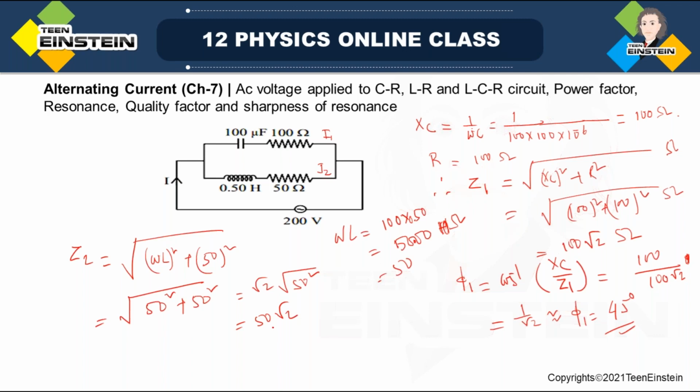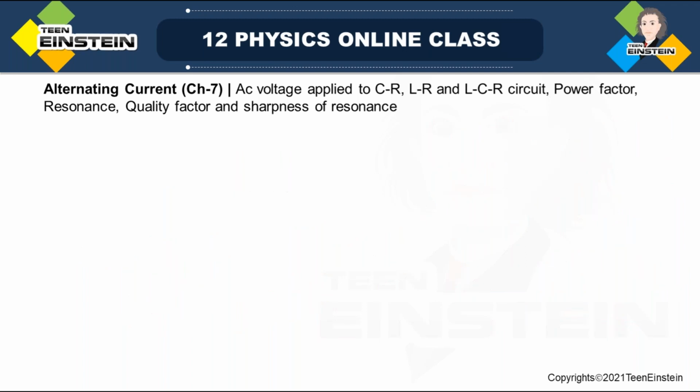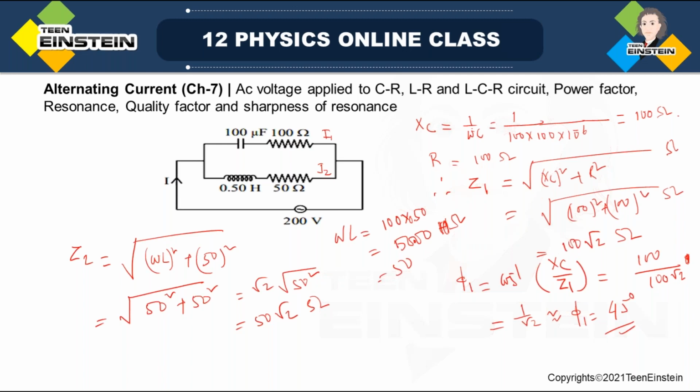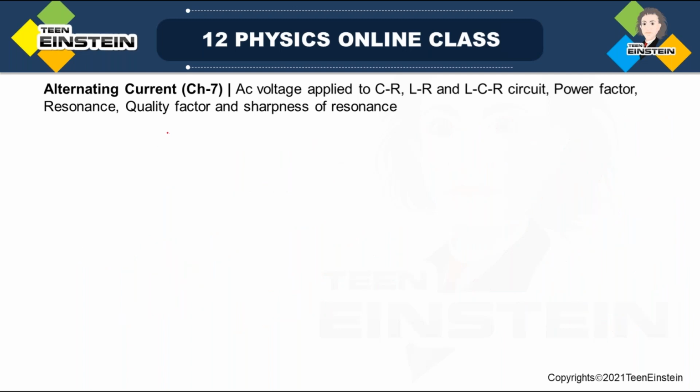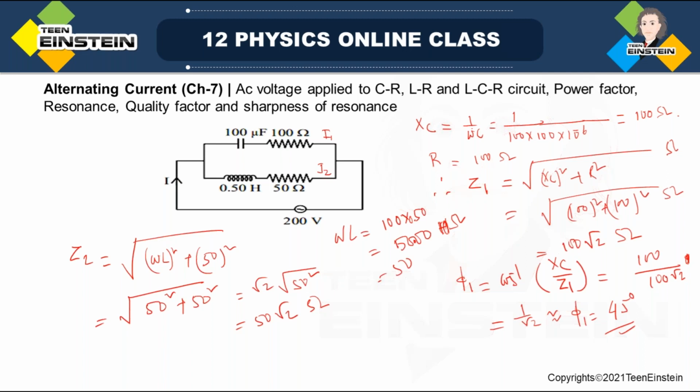All right, so this is that Z2 also. We have got Z1 and Z2. Z1 is 100 root 2 and Z2 is given as 50 root 2 ohm.